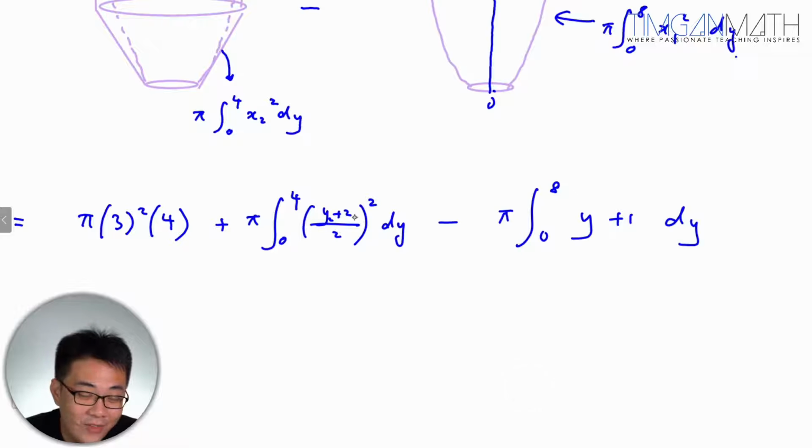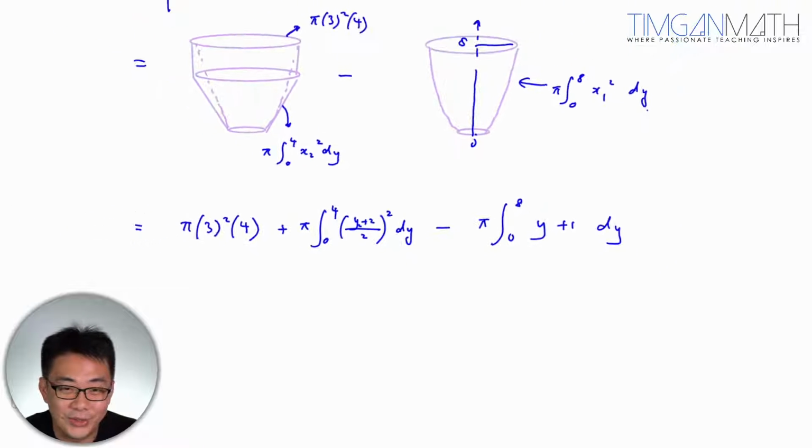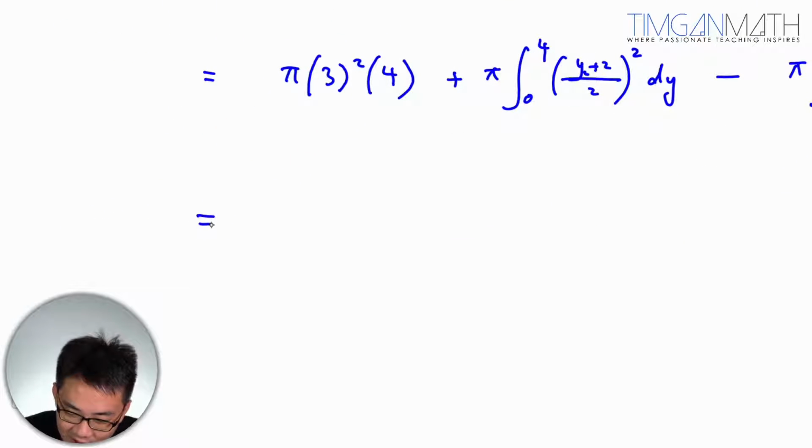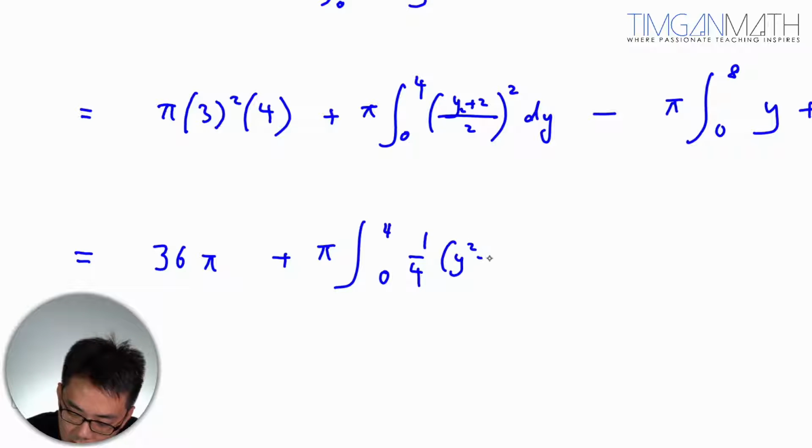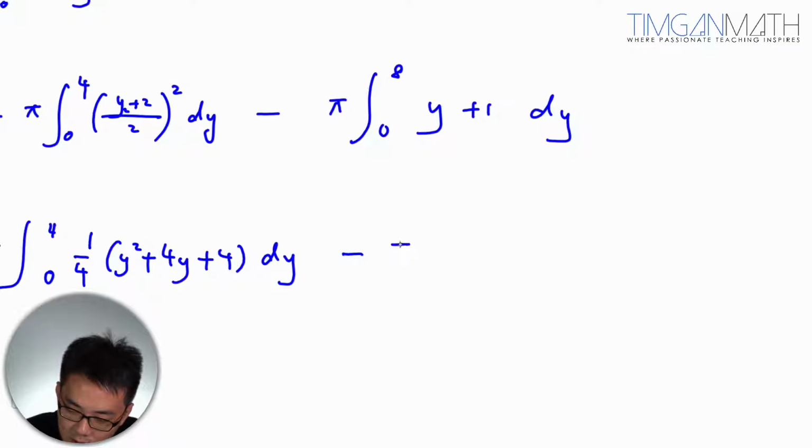What is maybe more, actually it's not that difficult also, so it's okay. So because of exact value, just make sure you key this without keying the pi. So 9 times 4 will just be 36 pi. Okay, plus this would be pi. This is pretty okay also, so I think I'm just going to say 1 over 4, y squared plus 4y plus 4 dy, and after which we're going to just put this as pi.